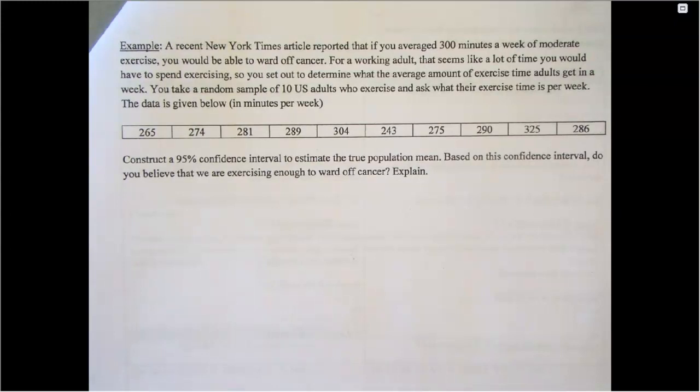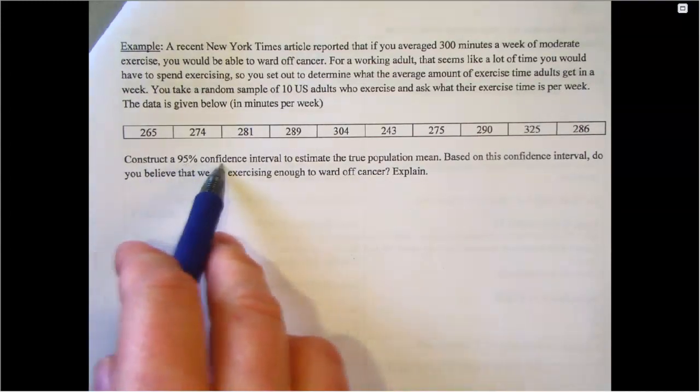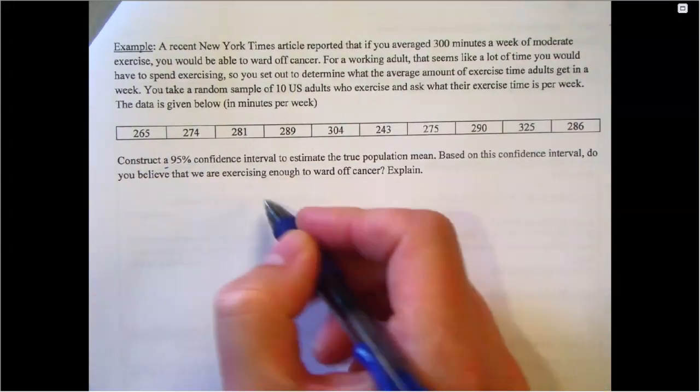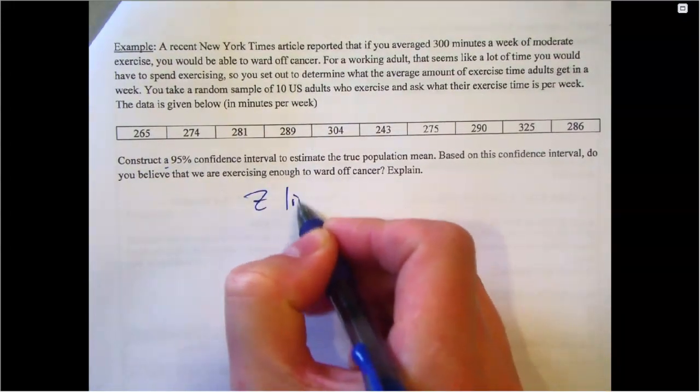So they're saying this article reports if you average 300 minutes a week of exercise, you won't get cancer. Definitely not. I don't think that's the same. So I take a random sample of 10 U.S. adults on their exercise per week. I want to find out the 95% confidence interval for the true population mean of all people.